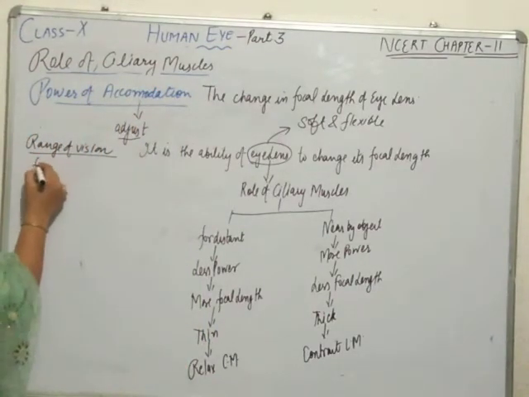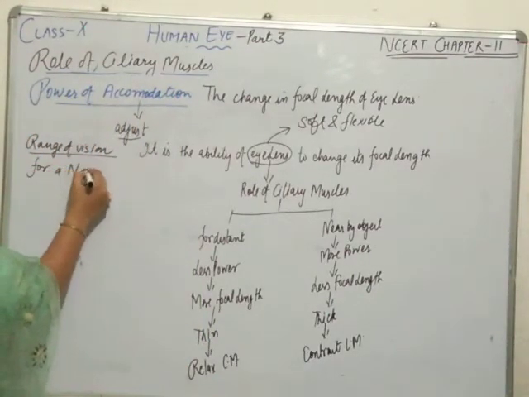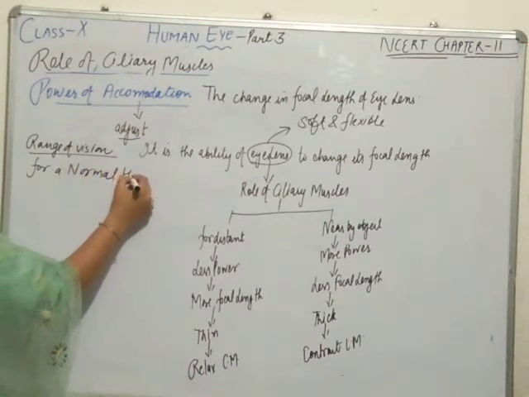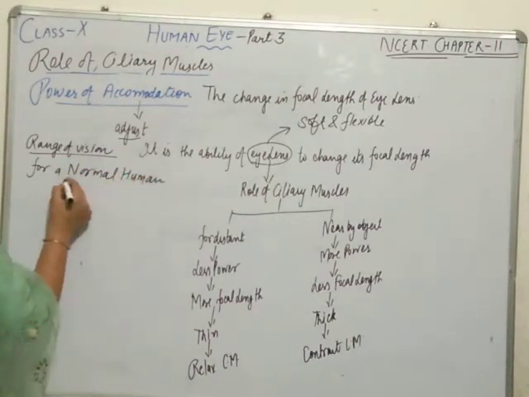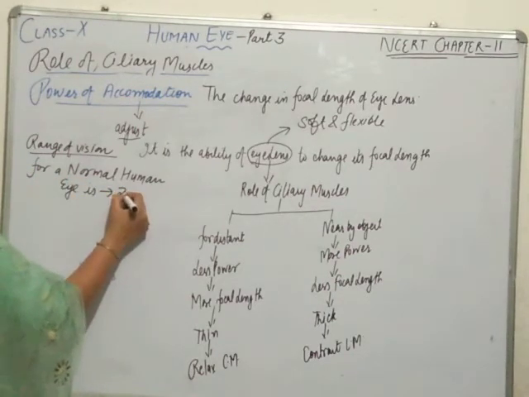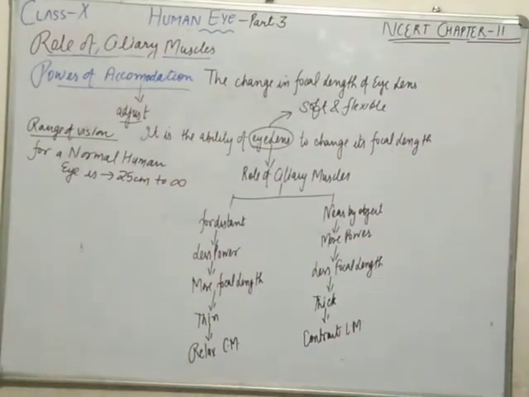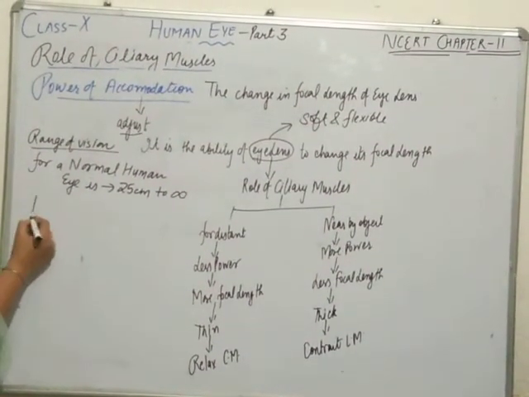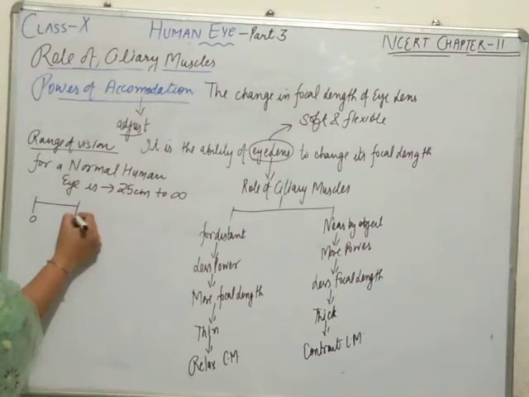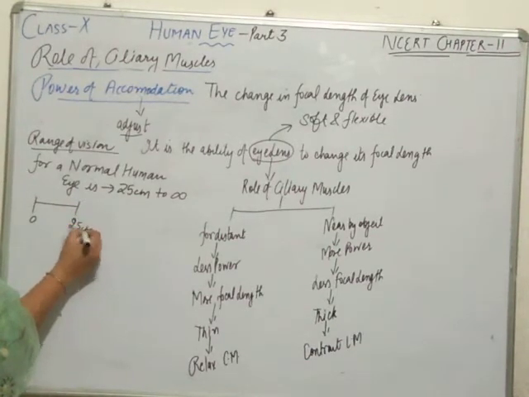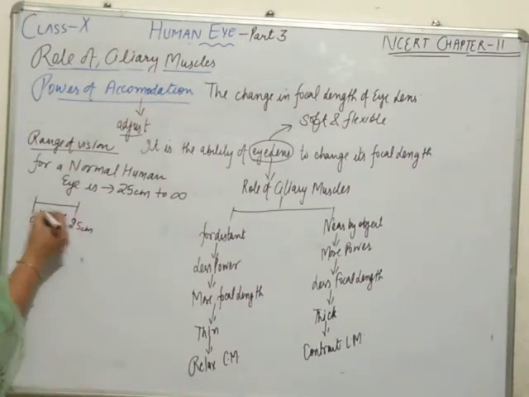Range of vision for a normal human eye is from 25 centimeter to infinity. It means if this is 0 level up to 25 centimeter, no visibility.